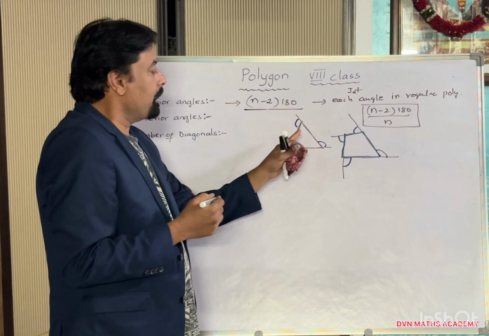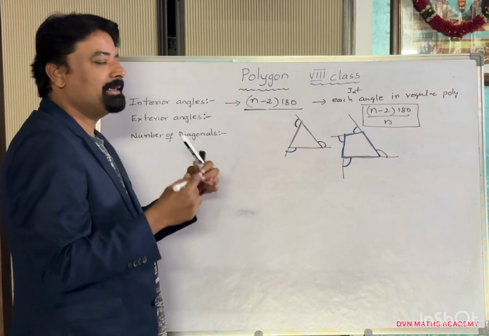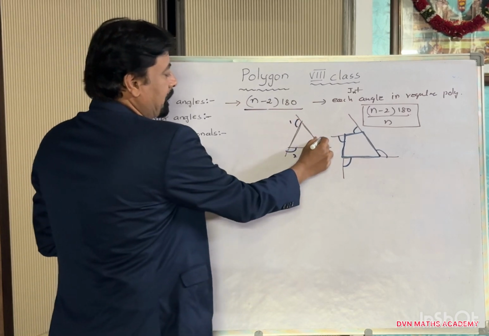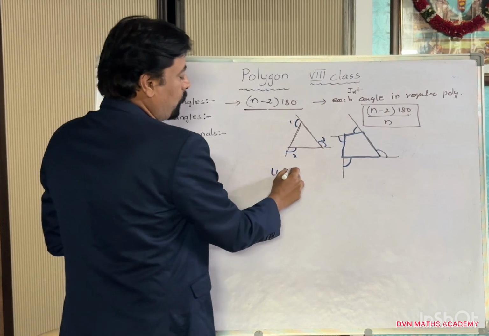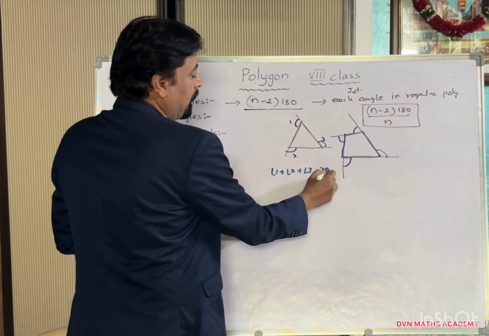Like that, here one interesting concept is the sum of exterior angles in any polygon. If this is angle 1, this is 2, this is 3, the sum of exterior angles in a triangle, angle 1 plus angle 2 plus angle 3, is equal to 360 degrees.